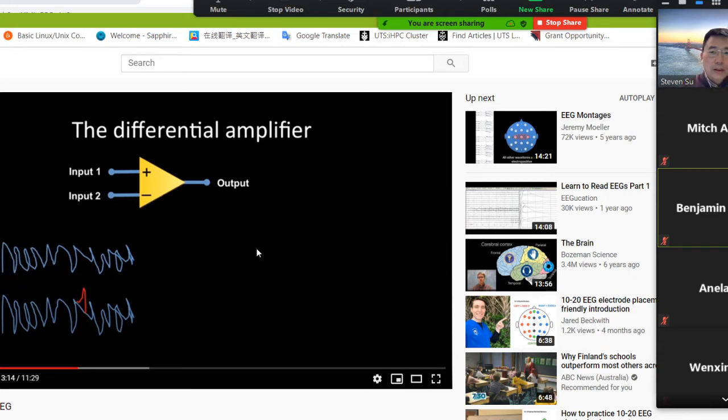So if it's really 0, AD over AC should be infinite. So the best differential amplifier should have a CMRR that is infinite.